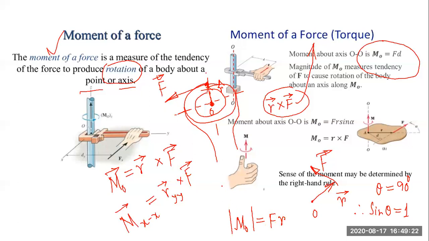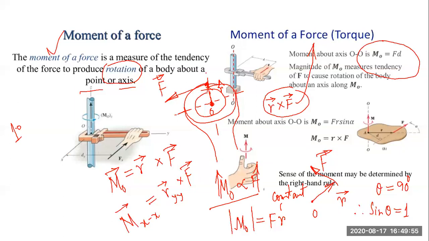So MO is proportional to the force applied. If you increase the force F, you will get a higher moment because R is constant here. The radius of the cork will not change. So the higher the force you apply, the higher moment you will get. This is point number 1 we got from the basic understanding of moment of a force.